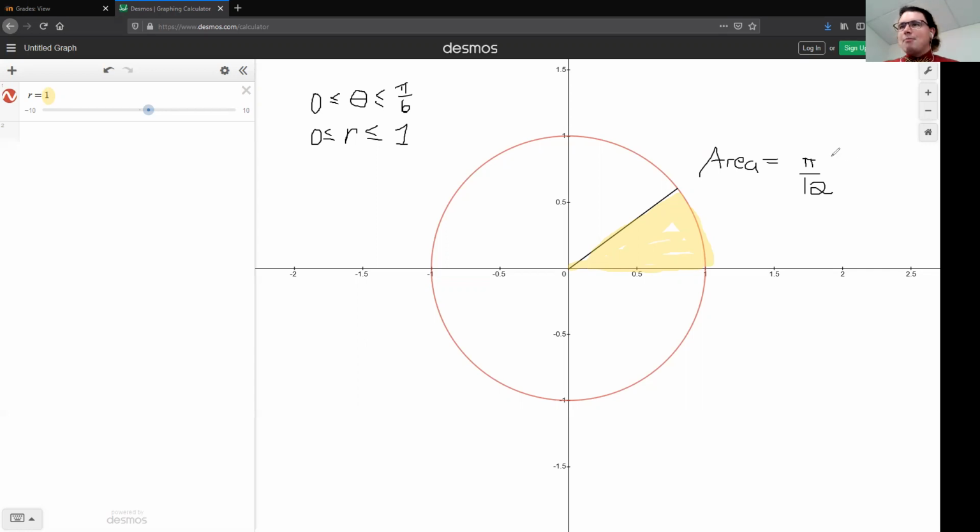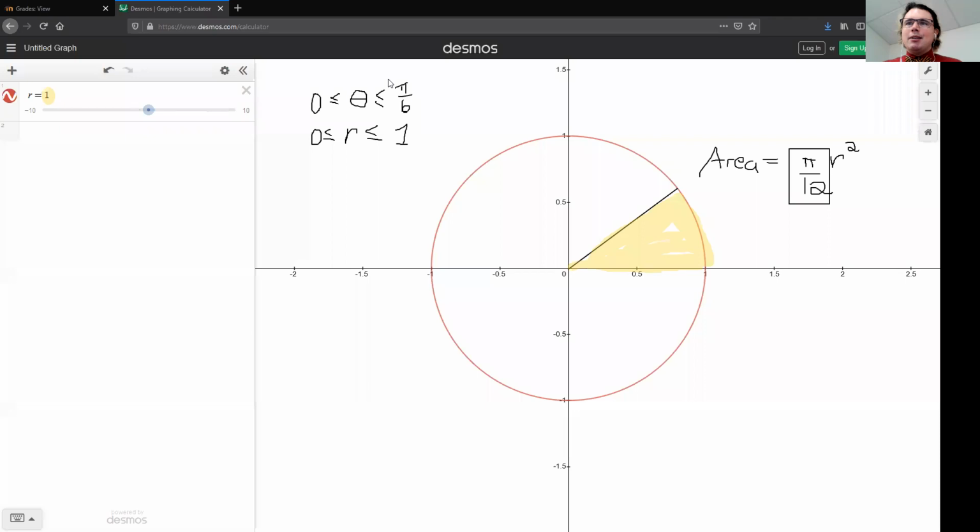But in general, my r can be some different number. How do I account for the theta here? Well, this number here, pi divided by 12, is exactly 1/2 of the angle that I've got.